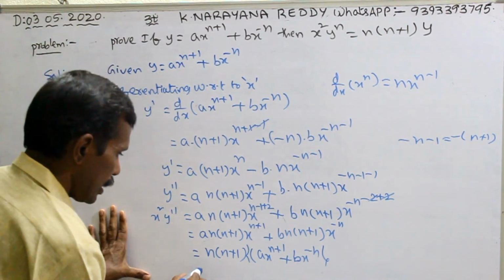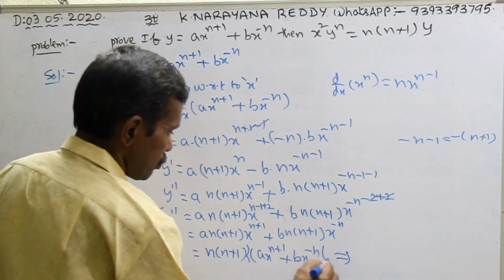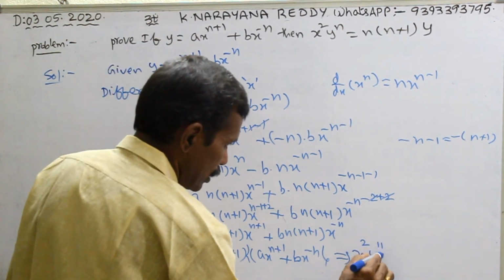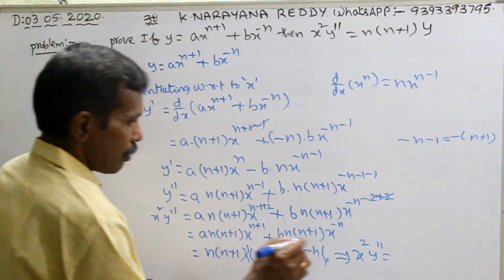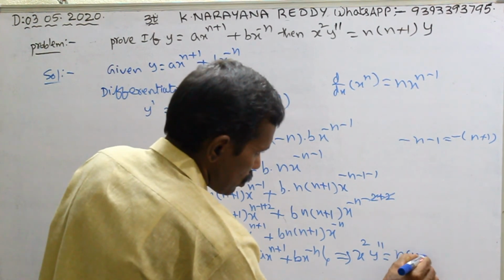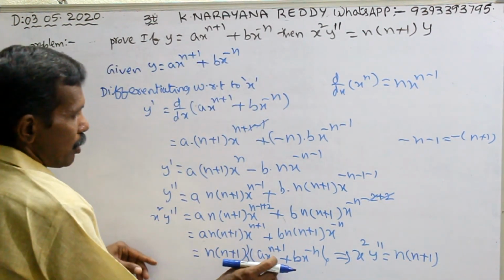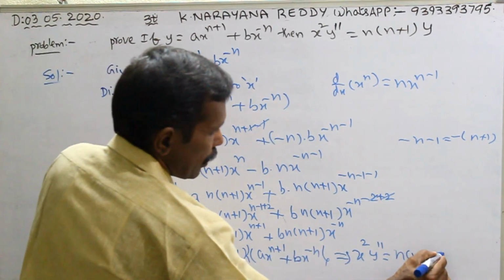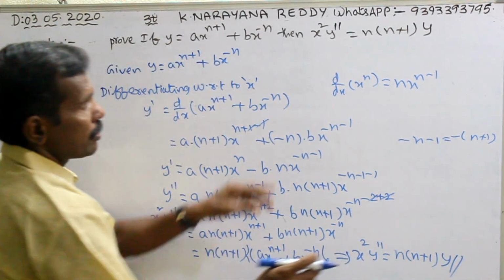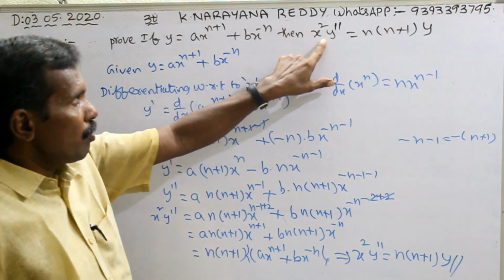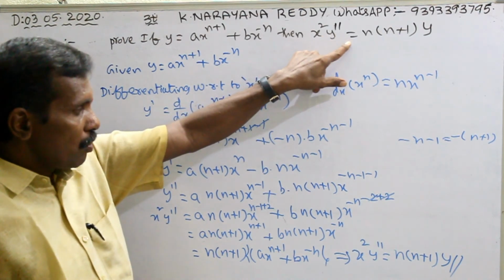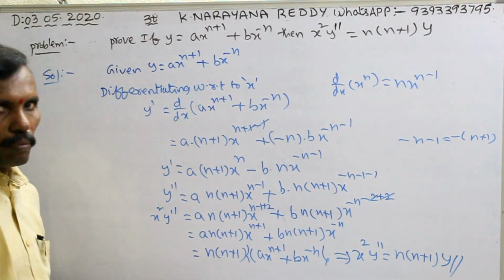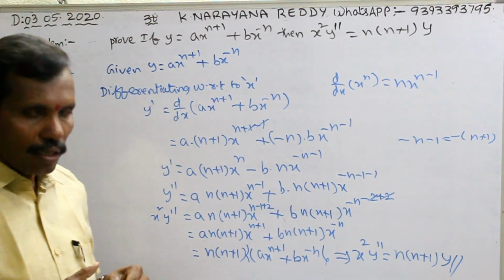Now see here, x square y double dash equals n into n plus 1 into (a x to the power of n plus 1 plus b x to the power of minus n), which is nothing but y. This is the required answer. x square y double dash equals n into n plus 1 into y. In this way you can do the problem by using second order derivatives.